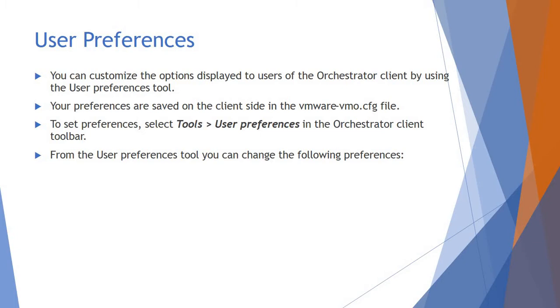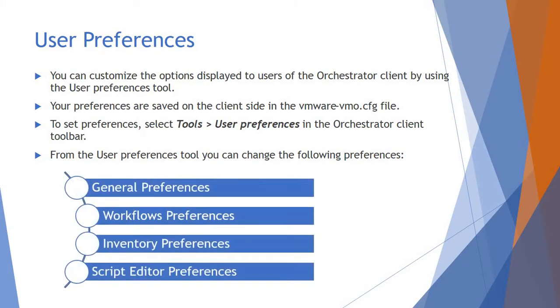Your preferences are saved on the client side in the vmware-vmo.cfg file. To set the preferences, select Tools, User Preferences in the Orchestrator Client toolbar. From the User Preferences tool, you can change the following preferences: General Preferences, Workflow Preferences, Inventory Preferences, Script Editor Preferences.